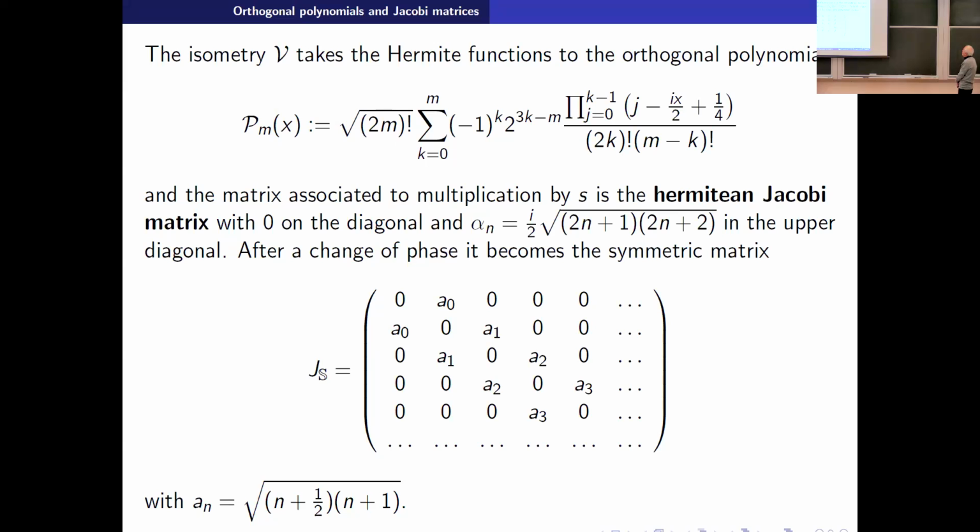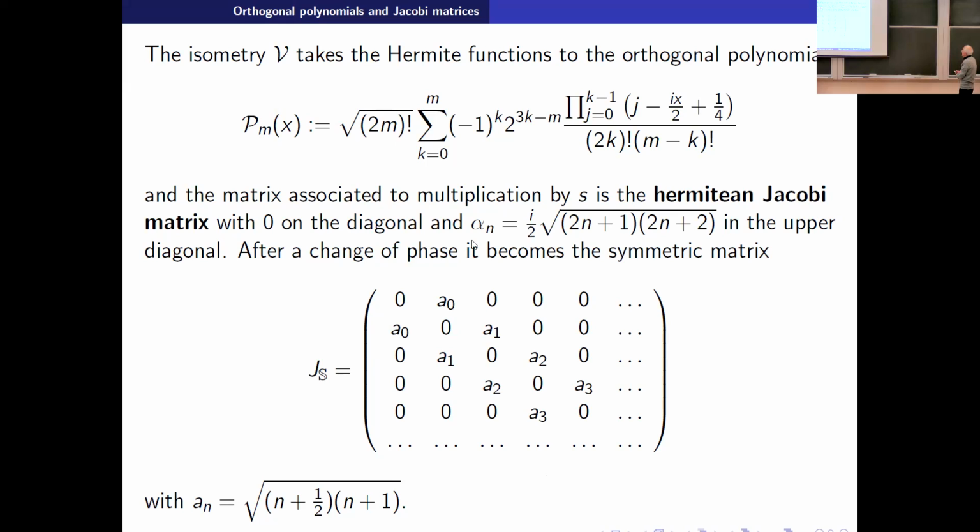And the matrix associated to multiplication by S is a Jacobi matrix, a Hermitian Jacobi matrix. And again, it has these entries.